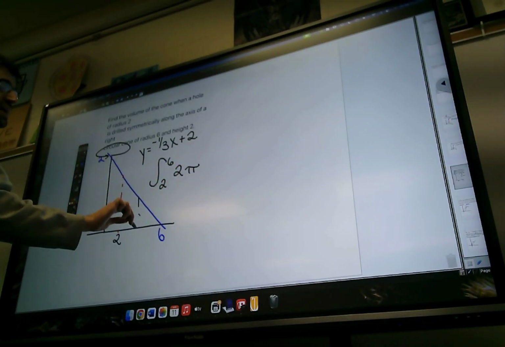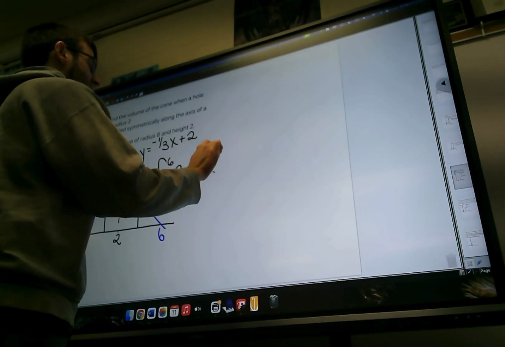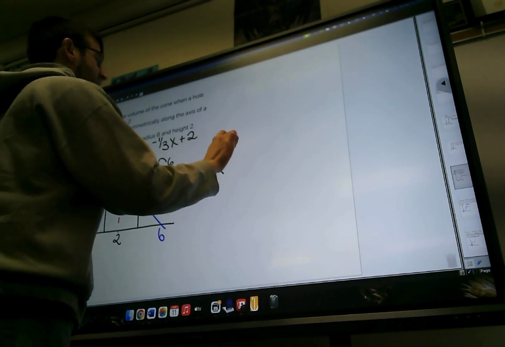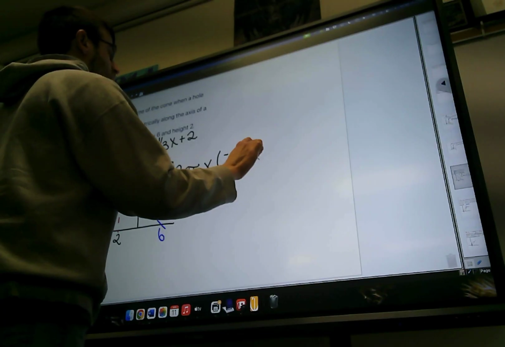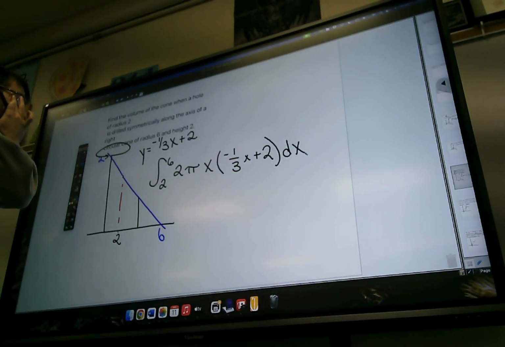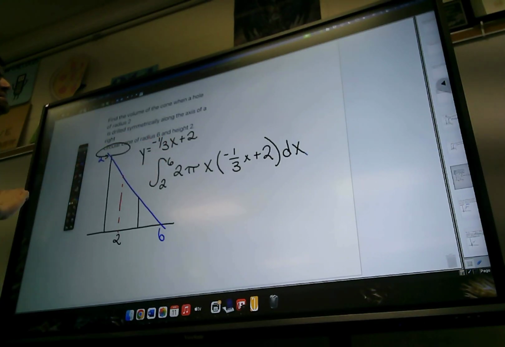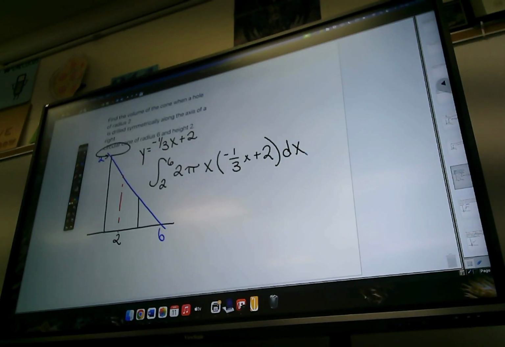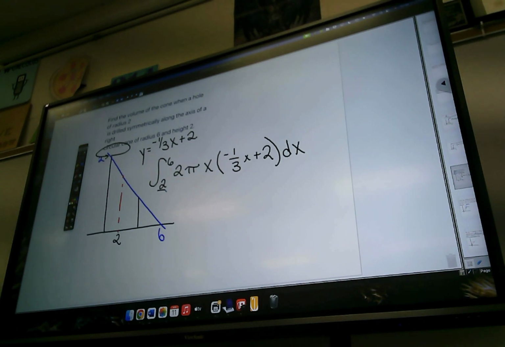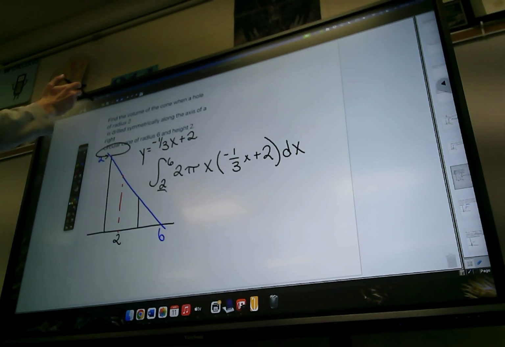X is going to be whatever x is of that function. So that is going to be -1/3 x plus 2 dx. Now remember, it is from 2 to 6, so I am going to have to actually evaluate that bottom function, or this bottom bound.